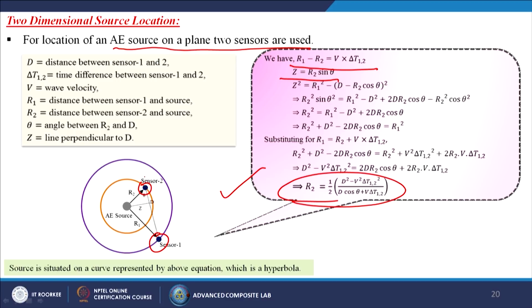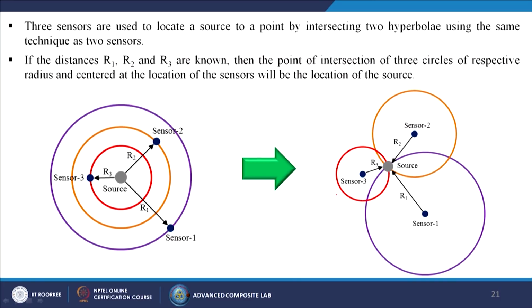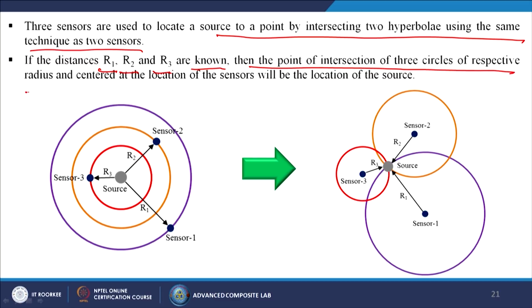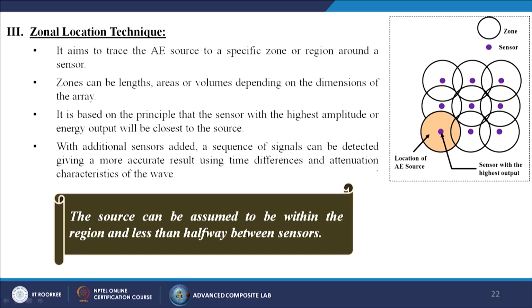So, in this particular hyperbola case, we can calculate the value of R 2. 3 sensors are used to locate a source to a point by intersecting two hyperbolas using the same techniques as with two sensors. If the distances R 1, R 2 and R 3 are known, then the point of intersection of 3 circles of respective radius centered at the locations of the sensors will be the location of the source itself. So, simple, you can calculate the source position by applying 3 sensors.